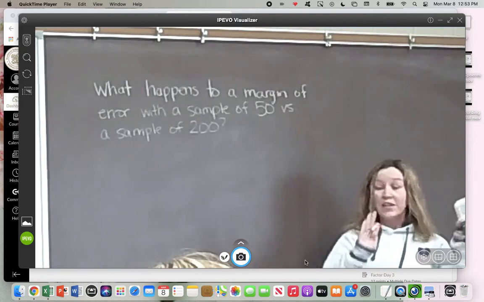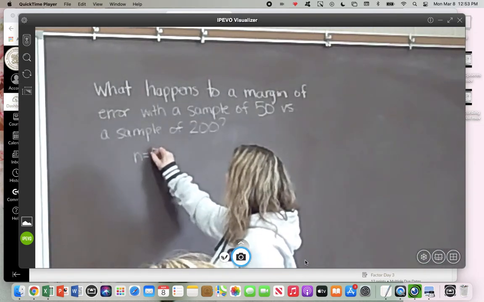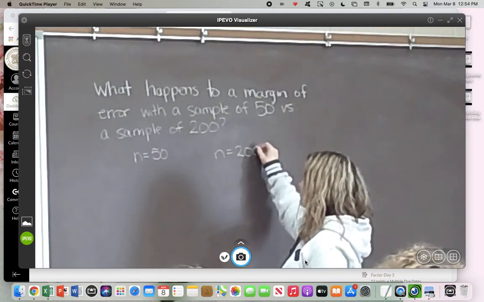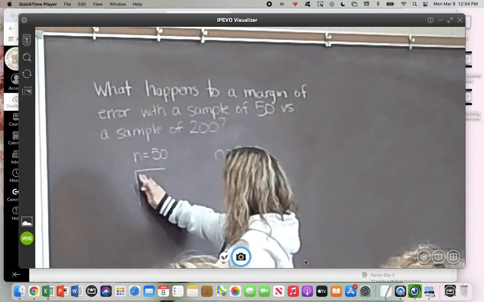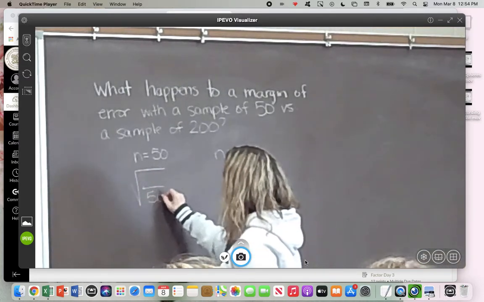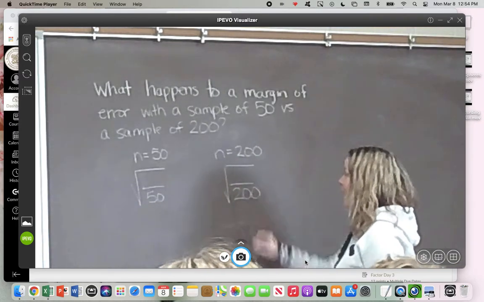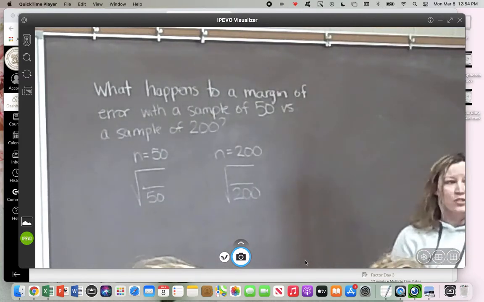No. You just want to compare the two sample sizes. Compare the standard deviation of each one, because the only thing that's going to be different is that, right? Now, I'm not giving you a probability of success, so let's just assume it's 50-50.